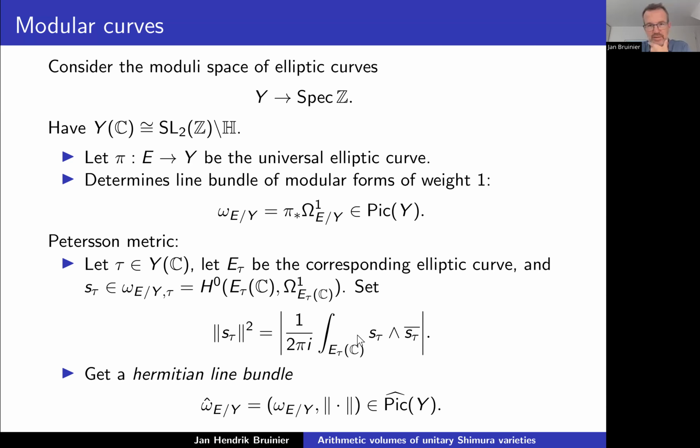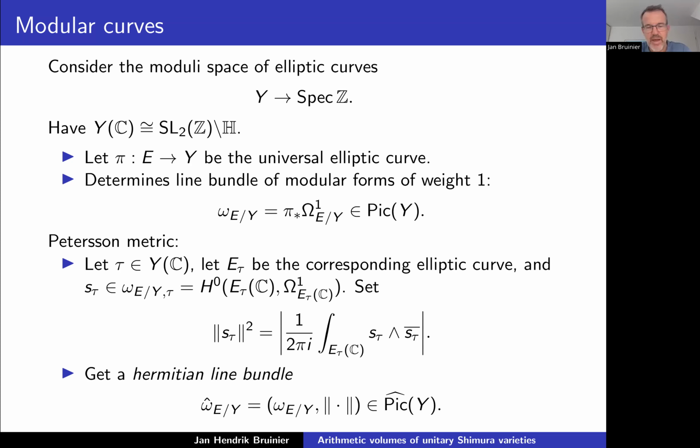So we integrate over the fiber, the differential wedge its complex conjugate. This gives us the L2 metric, and then it has to be normalized by some power of 2 pi i. In this way, on every fiber, we get a Hermitian metric, and this varies smoothly if we vary the base point tau.